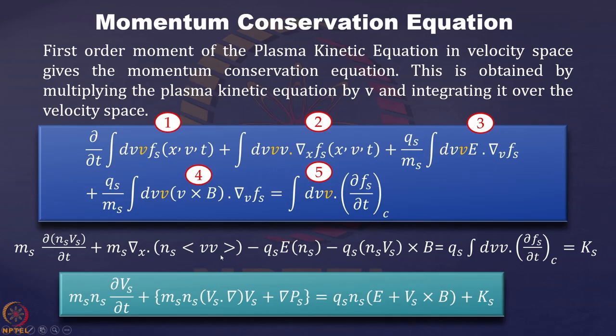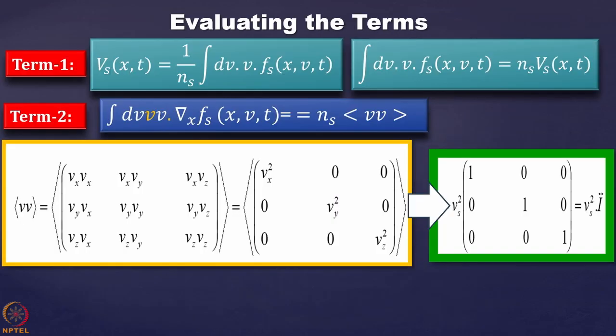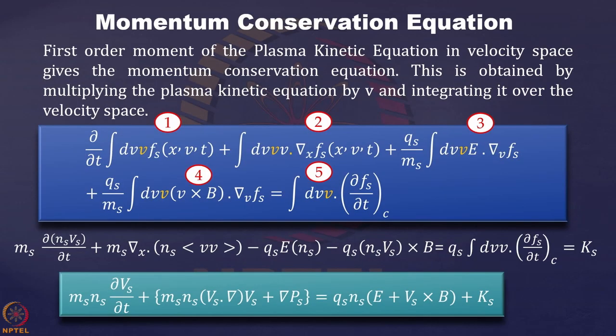In case of a moving fluid it gives some divergence V terms which can be considered as 0, and in that case we are left with this Vs dot del Vs term alone, and on the right hand side we can evaluate these terms.